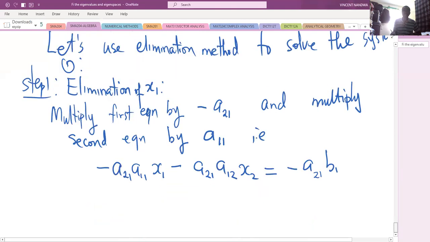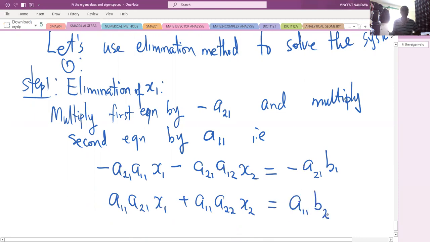And then the second one we multiply by a11, so we'll have a11 a21 x1 plus a11 a22 x2 equals a11 b2. So that's what that instruction means.